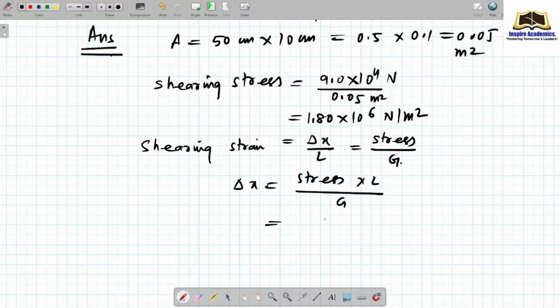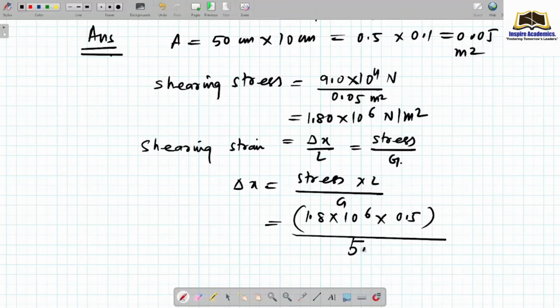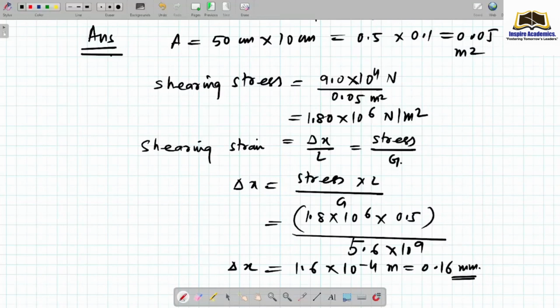The stress was 1.8 into 10 to the power 6, multiplied by length, 0.5 meter, and G is 5.6 into 10 to the power 9. So it is 1.6 into 10 to the power minus 4 meter, or 0.16 millimeter. So our delta x is found. This is the answer.